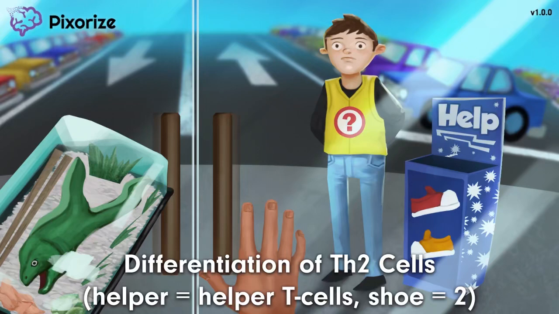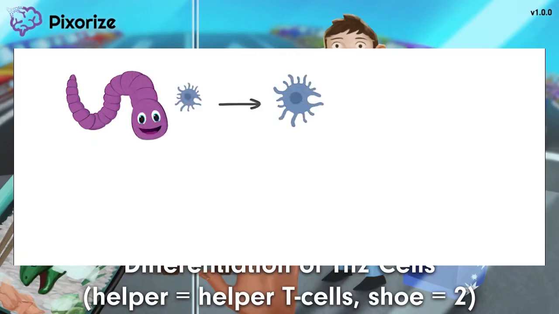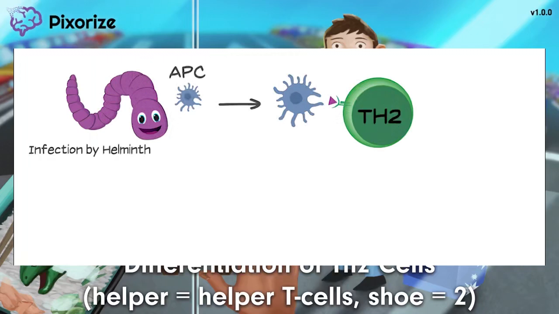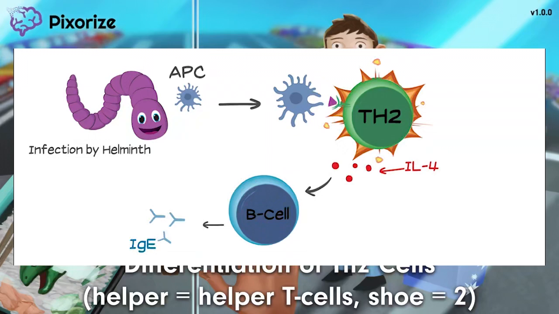Let's consider an example to illustrate. Say you are infected with a worm, and one of your antigen-presenting cells takes a piece of this worm and gives it to the Th2 T helper cell in the lymph node, activating it. This Th2 cell then makes IL-4, which causes a B cell to produce IgE.